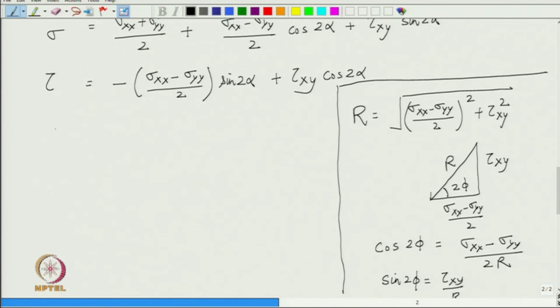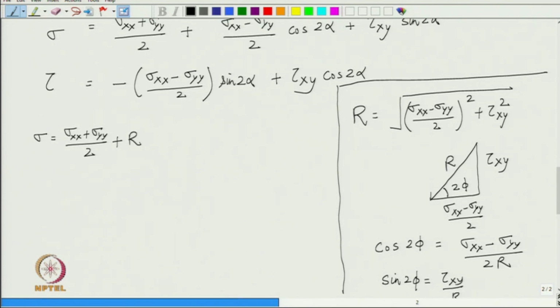So, in the formula for sigma, we have sigma equal to sigma x x plus sigma y y by 2 plus take a common of r.